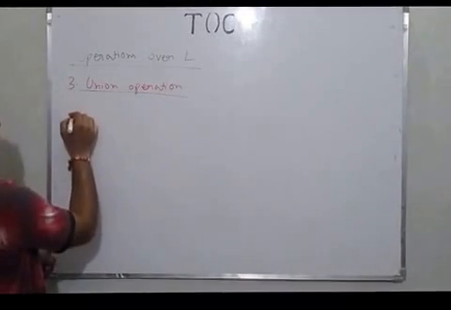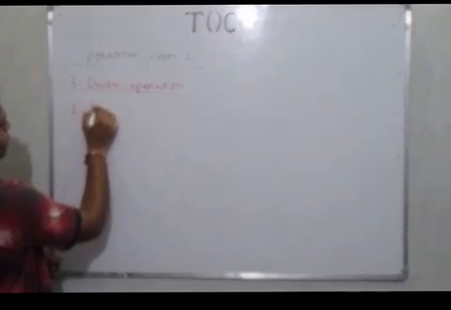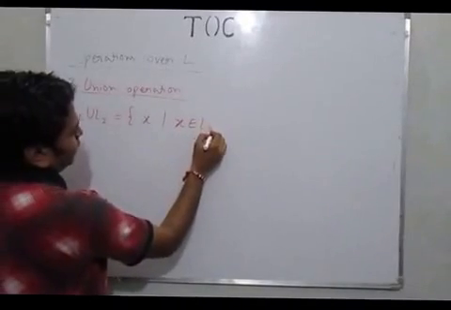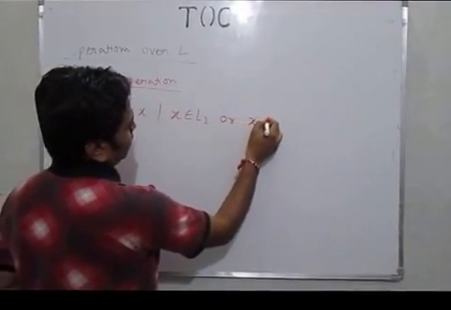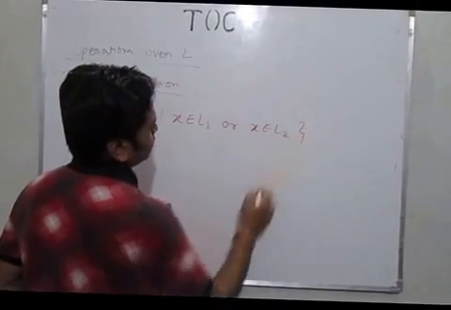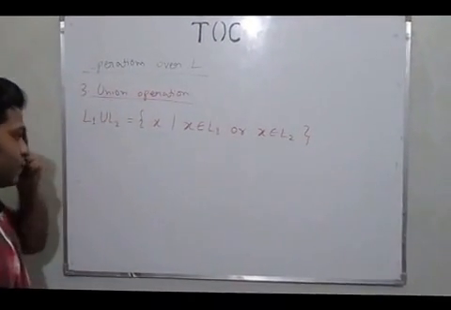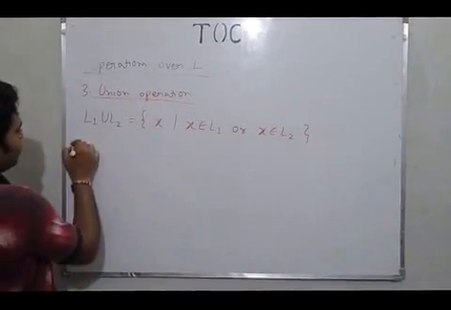We have two languages, and x belongs to L1 or x belongs to L2. Very easy to define this. Fine. And what would be the example for this?